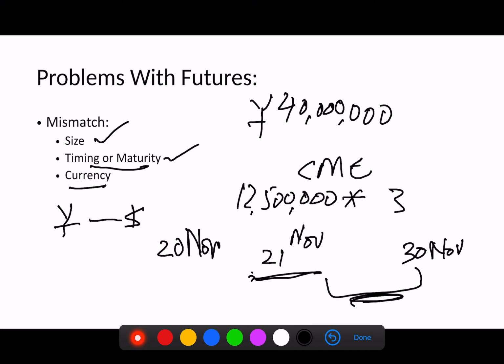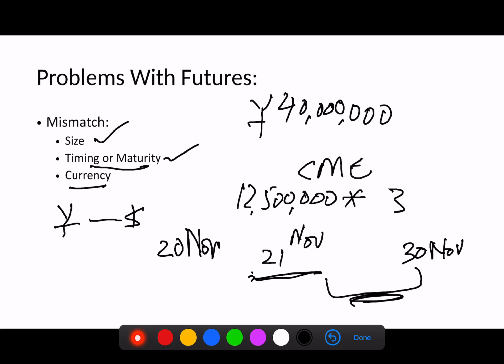If you want to hedge your position where Indian rupees are involved, it's very unlikely that you will get future contracts which involve the Indian rupees, and in that case there is a currency mismatch, and you want to find the exchange where a contract involving the Indian rupees is traded. If not, then you might have to go into the forward market.